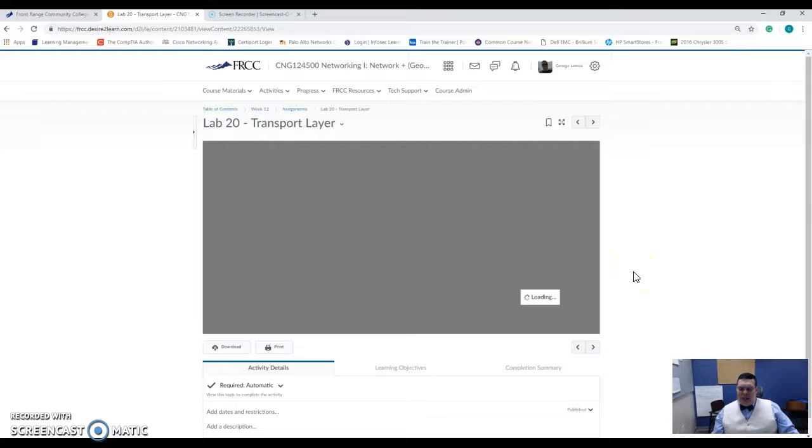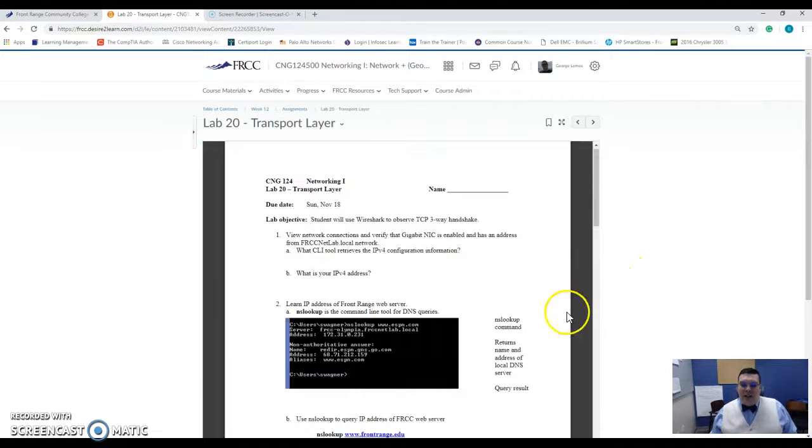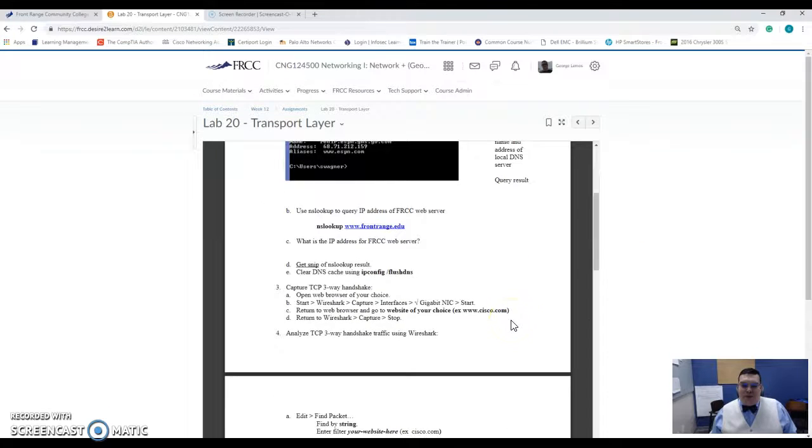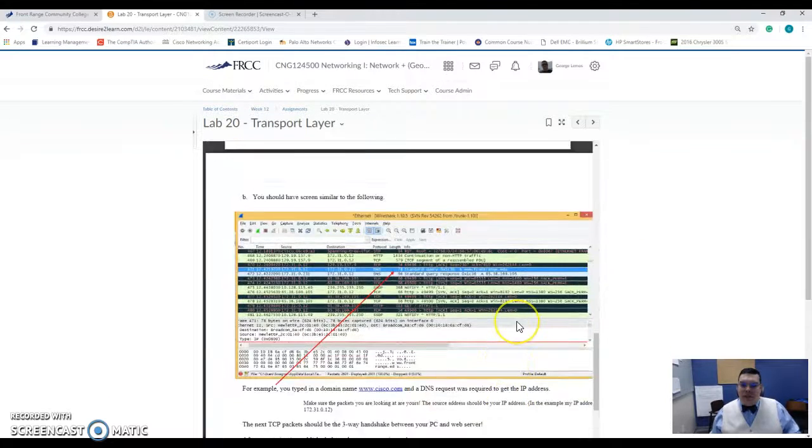And this one, I think we're getting out Wireshark again and manipulating Wireshark to watch the network traffic. As usual, when you do this at home, try to not have a lot of other things connected to the internet running.